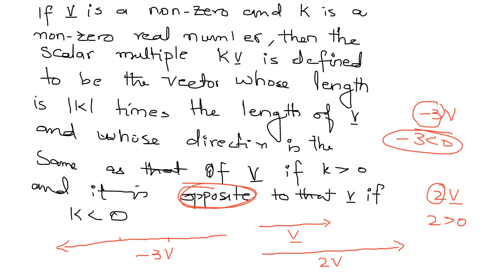Now we have the coordinates: how can you find a vector in a coordinate system? So this is the vector in coordinate systems. What is meant by this?